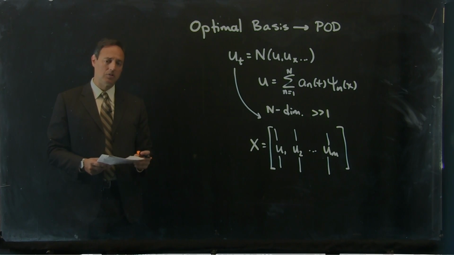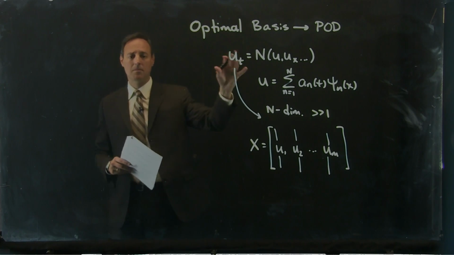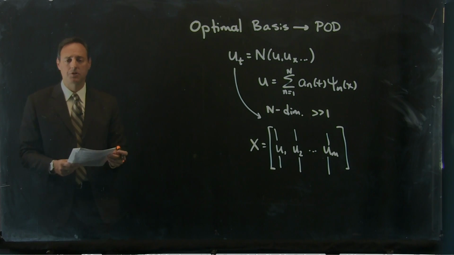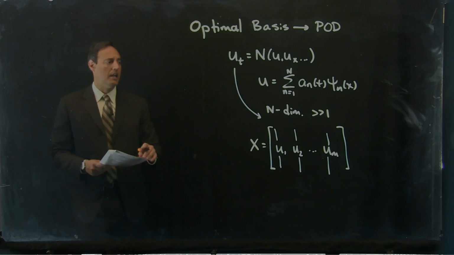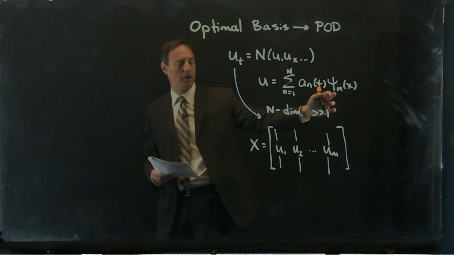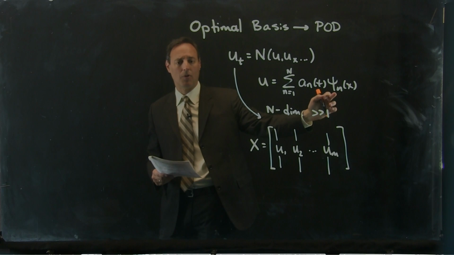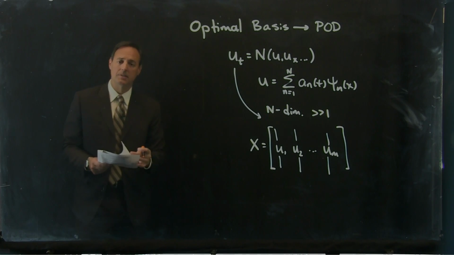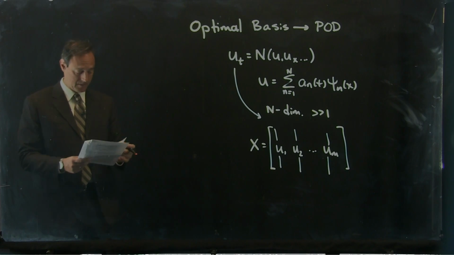But now I stack it up. Because I was solving the full n-dimensional system, the question is, is there some kind of low-rank structure I could take advantage of and pick out a really good POD basis set or an optimal basis set, so that I can cut down my simulation time quite a bit because I have the right basis selected.